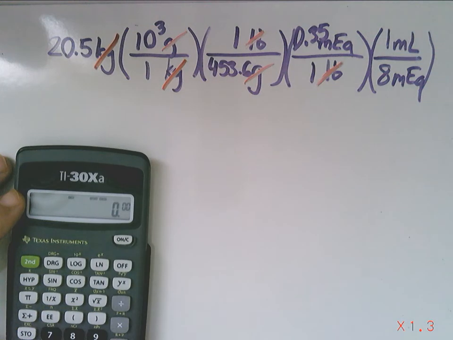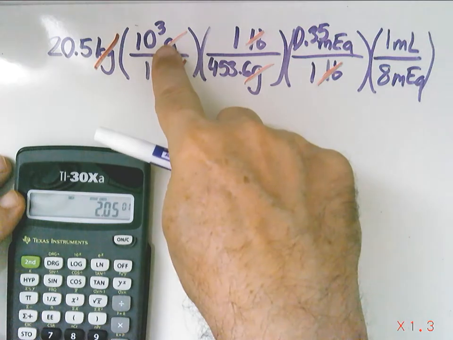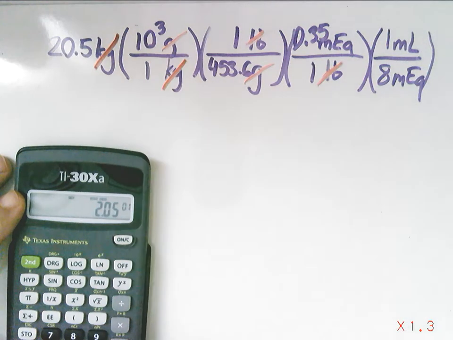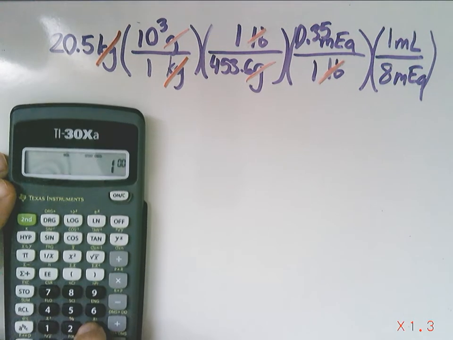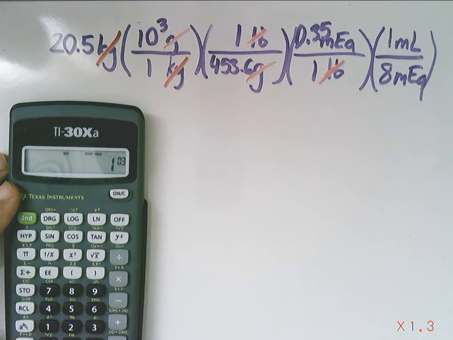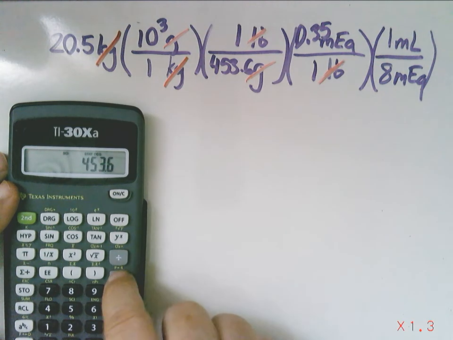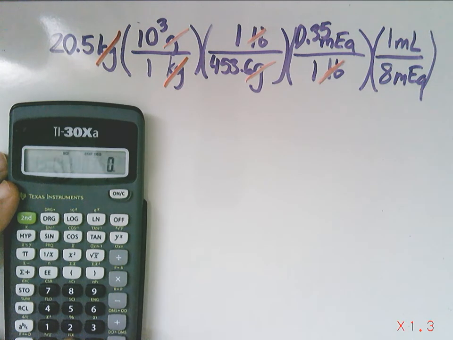Okay, I got 20.5 kilograms times 1E3 is how I'm going to key that in. So that's the 10 to the 3. Divided by 453.6 times 0.35.